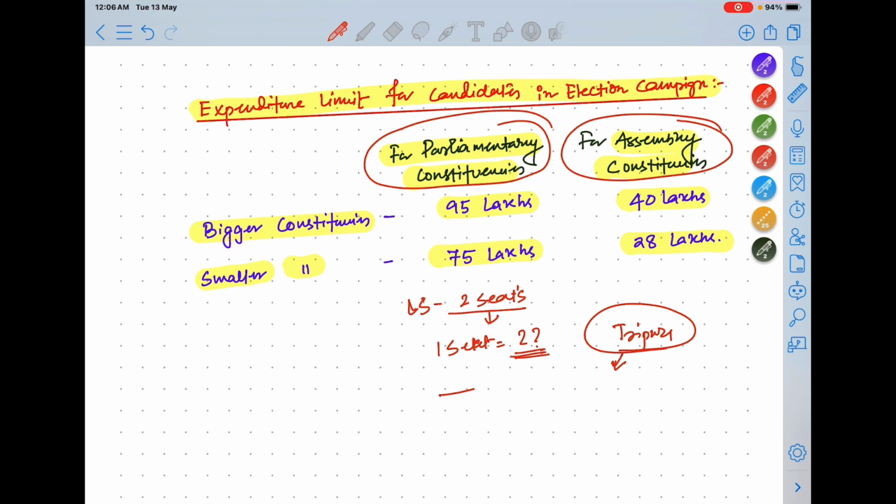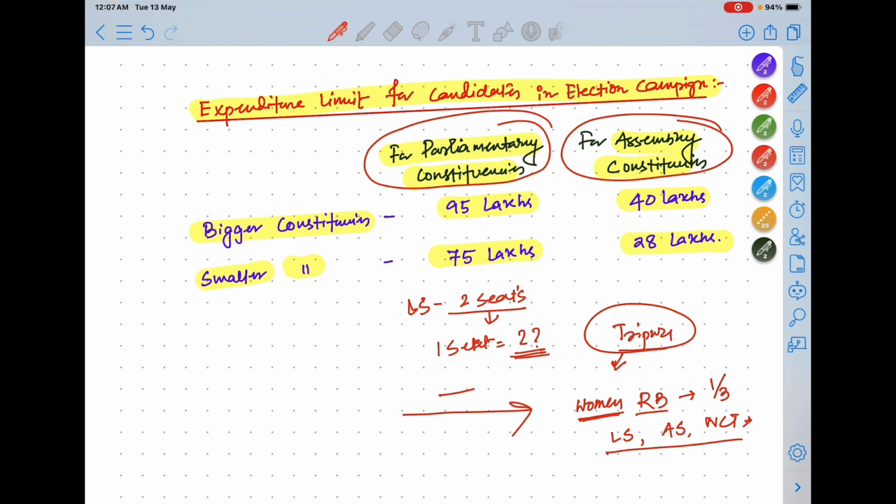Next, this was all for the electoral process, the Representation of the People Act and everything. Now one more current affair you should know: the women reservation bill. I forgot to discuss it in the current affairs section, but it is important from your exam point of view. In the women reservation bill, there is one-third reservation of seats for women in Lok Sabha constituencies, assembly constituencies, and also in the NCT of Delhi, the National Capital Territory of Delhi.